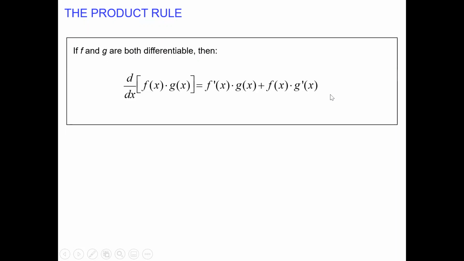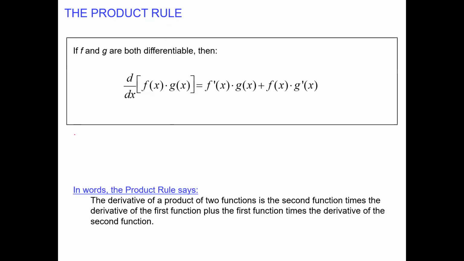Okay? And we may quickly check it with what we had. We had x and x squared. We know that this is x cubed, and that the final answer is 3x squared. But let's apply the product rule. First we differentiate x times the second function, x squared, and then we copy the first function and differentiate x squared.